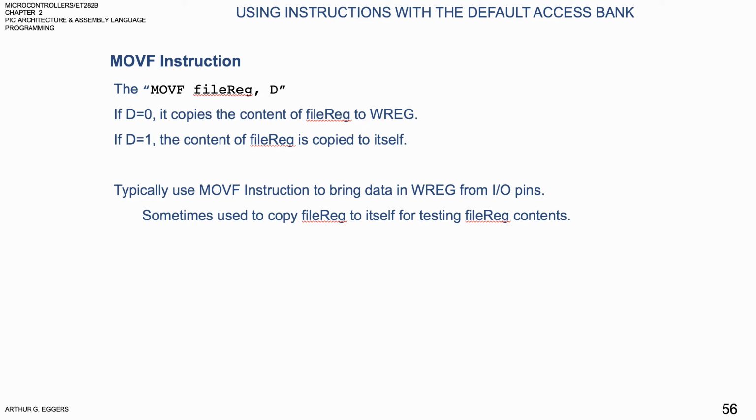We'll take a look at some examples here. Note that the only time we use the MoveF file register, F instruction is to copy data from the file register to itself. It's when we want to affect the flag bits of the status register. The status register bits will be discussed later.